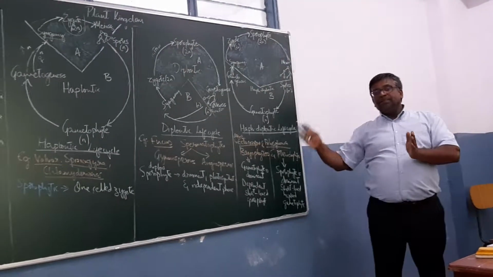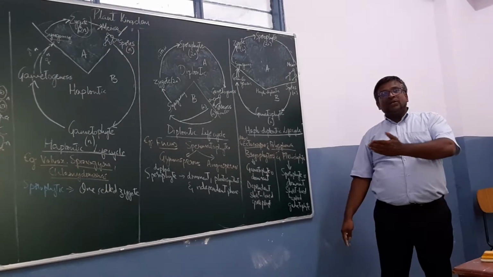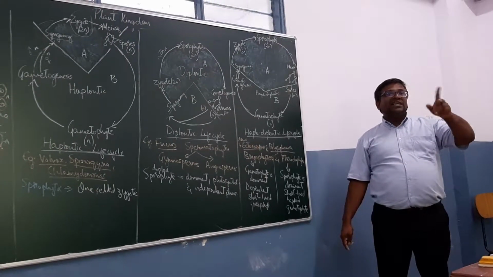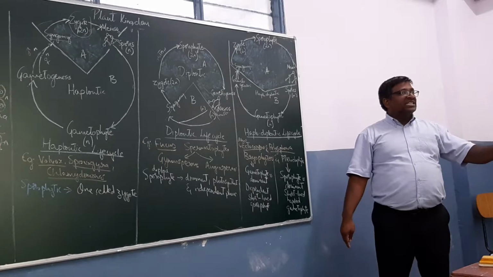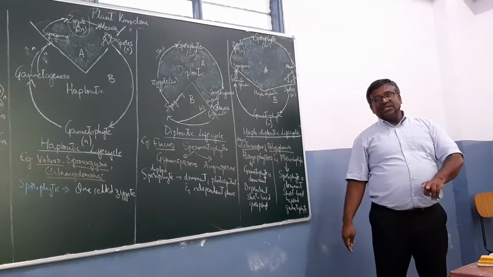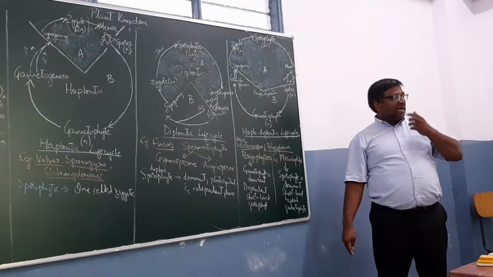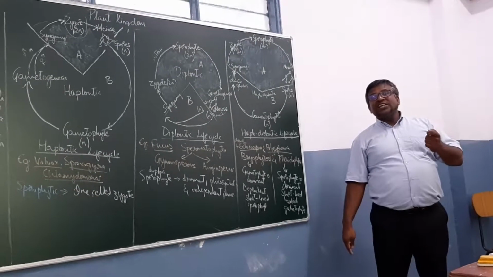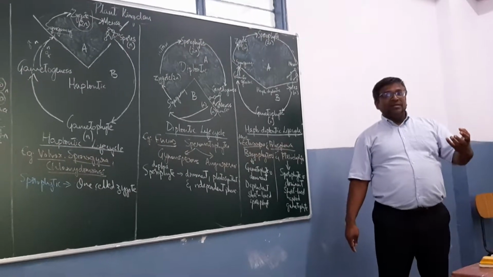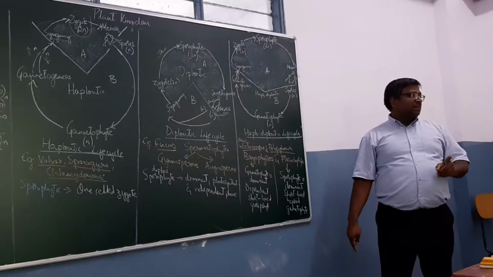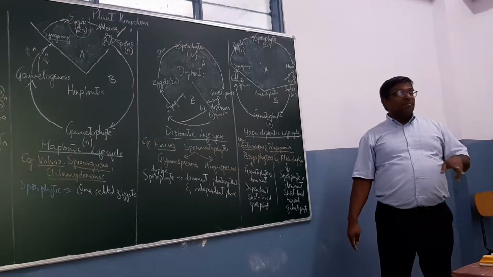You find in all the plant kingdoms, from algae to the angiosperms, there is alternation of generation. Gametophytic generation, sporophytic generation. The bryophytes are already discussed. Gametophytic generation is dominant and independent, photosynthetic, multicellular.